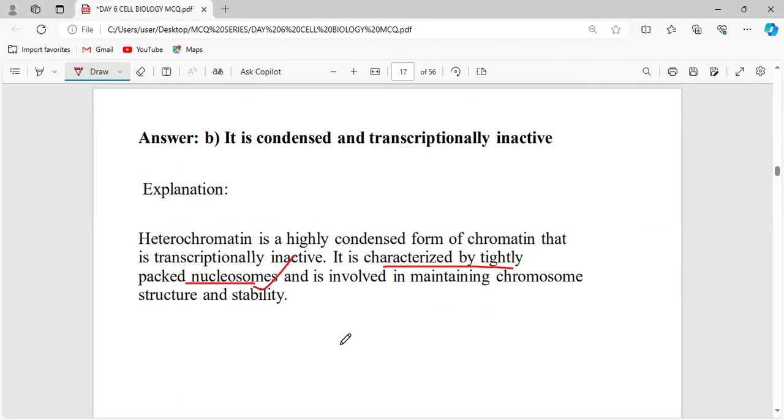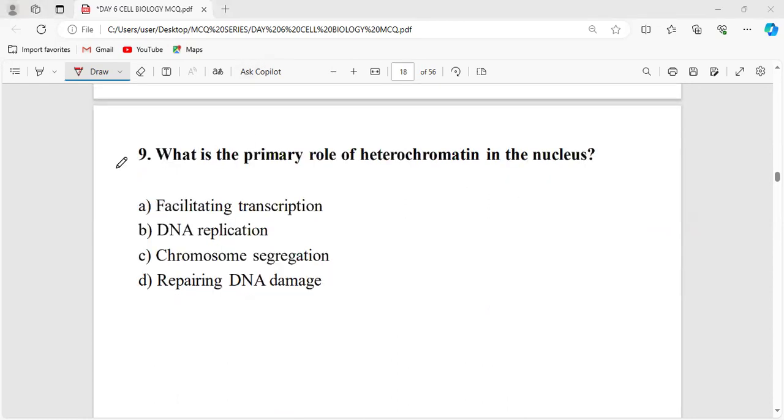It keeps the DNA in a stable form to maintain the chromosome structure and stability. What is the primary role of heterochromatin in the nucleus? Facilitating transcription, DNA replication, chromosome segregation, or repairing DNA damage?